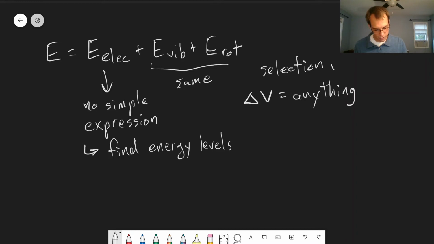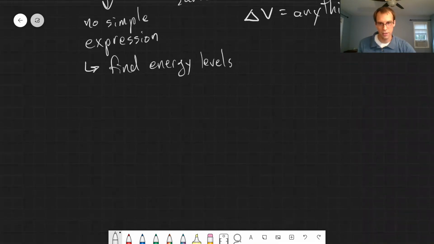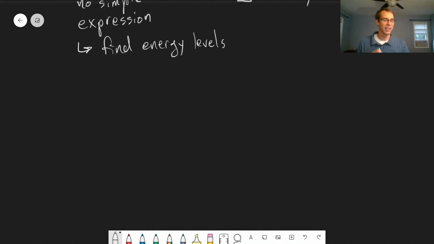But the selection rule for vibrations is anything goes. Of course, what we'll end up seeing is that you won't see any possible combinations, and we'll discuss that in just a minute. Just like the vibrations have their associated rotational levels, the electronic states have their associated vibrational levels, and they have their rotational levels. So we're getting layers here, layers of our different energies and types of expressions.